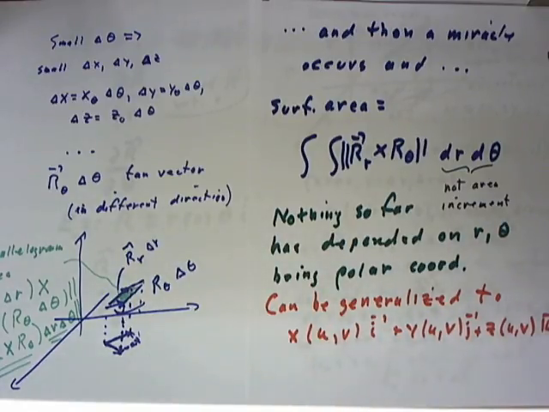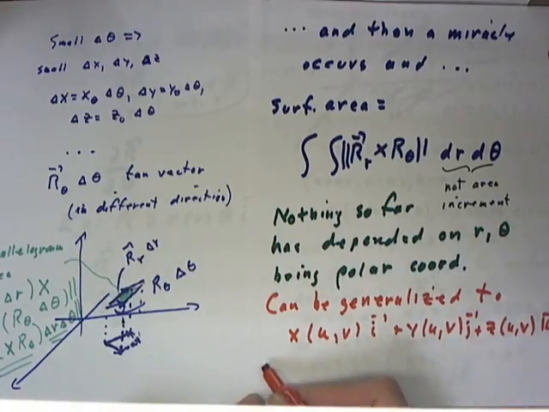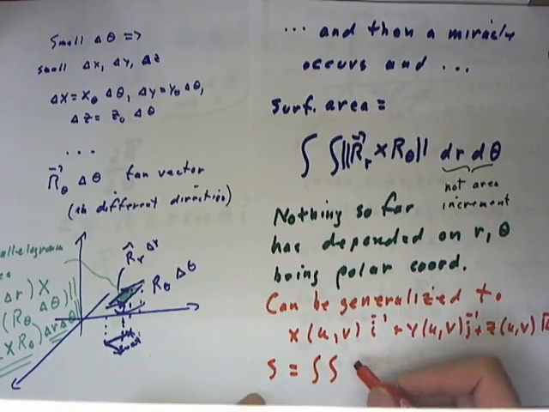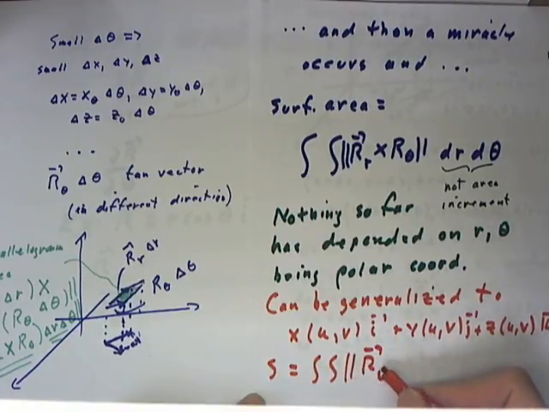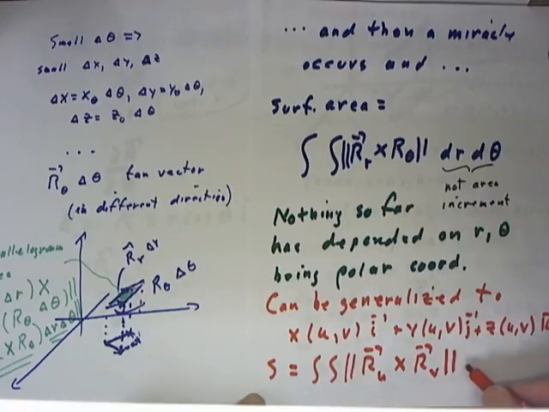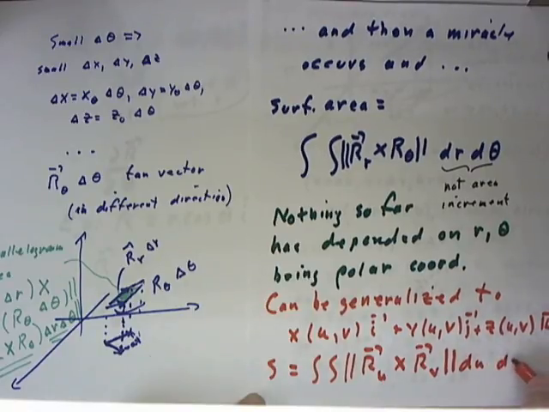And if those conditions are met, the surface area is simply the double integral of the magnitude of r sub u cross r sub v du dv.